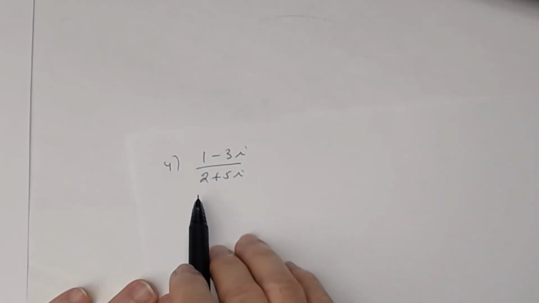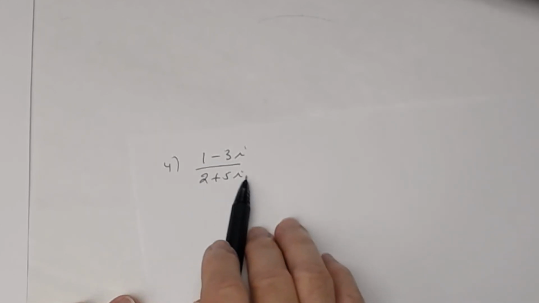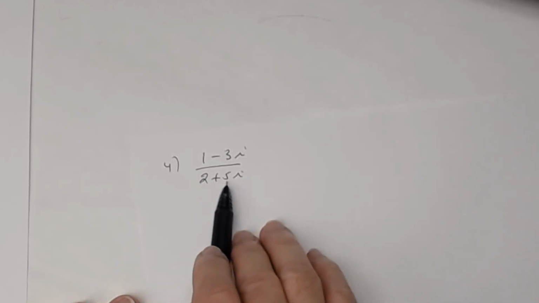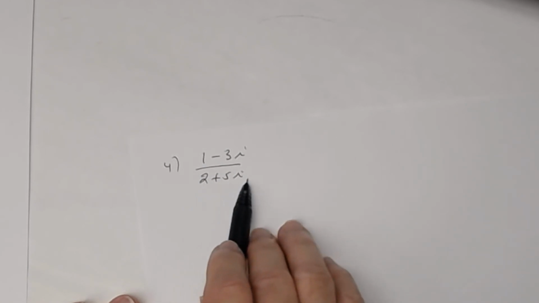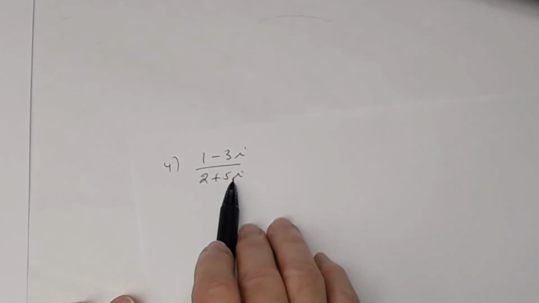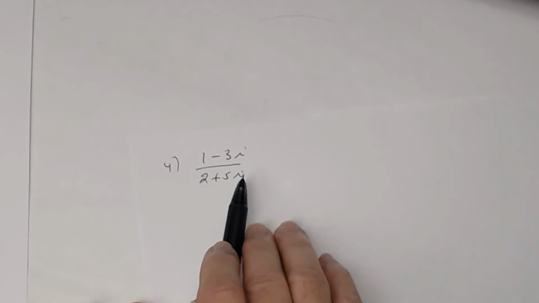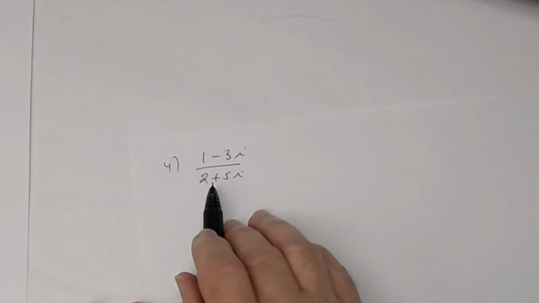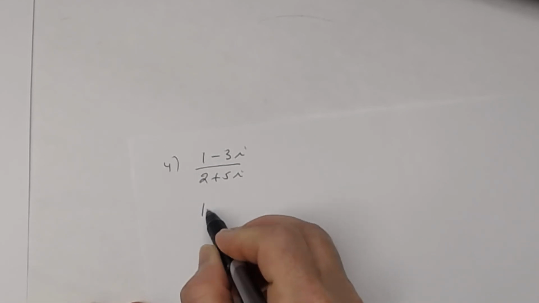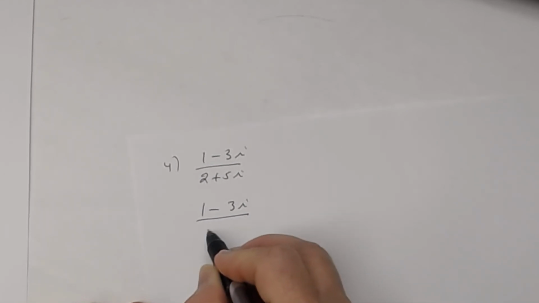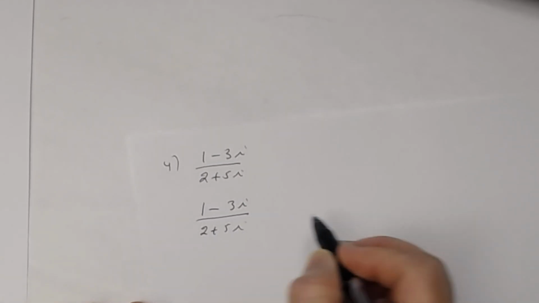Okay? All right. So what you want to do is rationalize this denominator. So you want this to be a rational number. Right now it's not a rational number because of that imaginary unit right here. So just like in the previous one, you're going to multiply both numerator and denominator by the conjugate of the denominator.